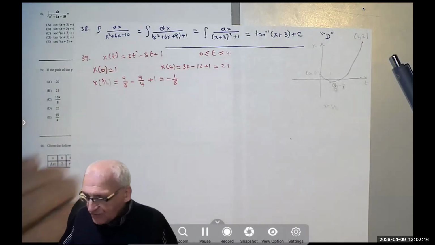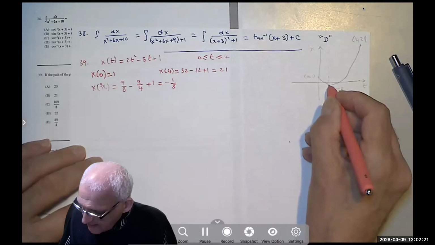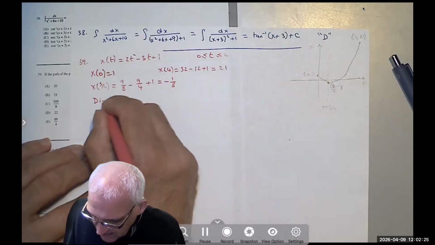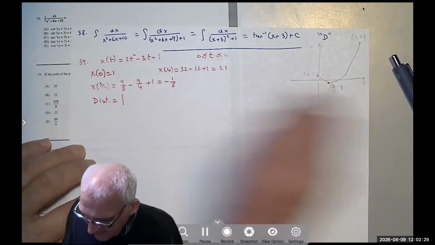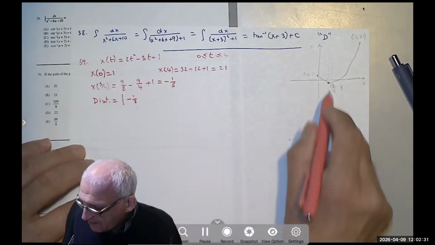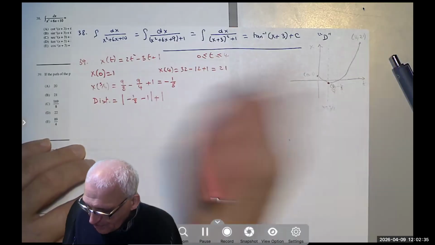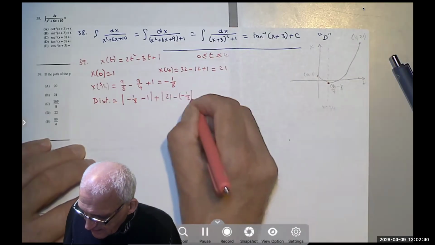So really you have to use an absolute value. What is x here minus x there? So you say distance equals the absolute value of negative 1/8 minus 1 plus the absolute value of 21 minus negative 1/8.